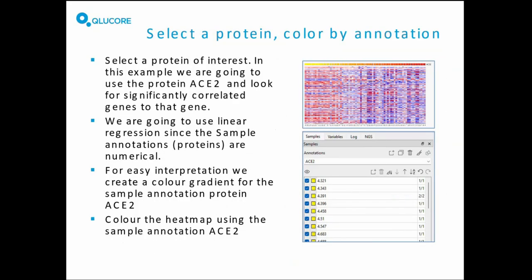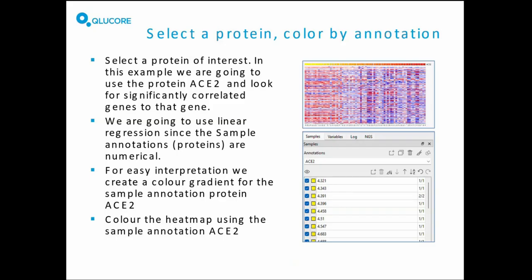We will then also color the information that we have in a heat map and look at one of the proteins, selected one here, ACE2, and look for significantly correlated genes. In this case, we will use the information that we have calculated to color the heat map.